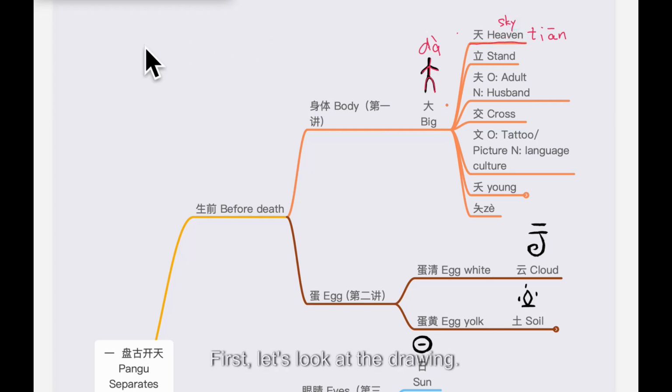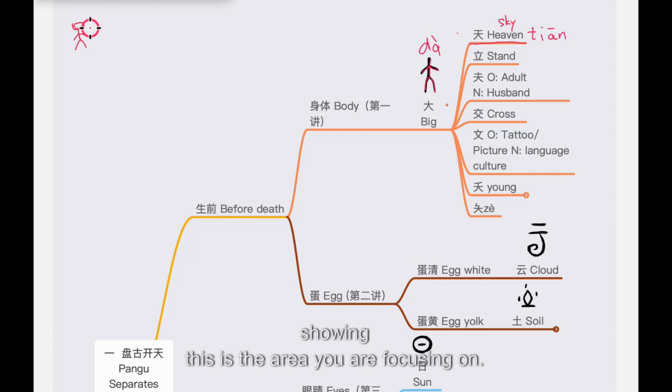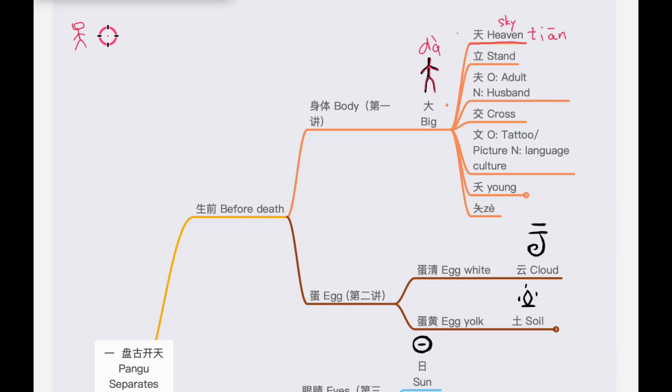First, let's look at its drawing. You have a person standing, and on top, a square, showing this is the area we're focusing on. It's the area above a person's head. It's called 天. Today we write it like this.